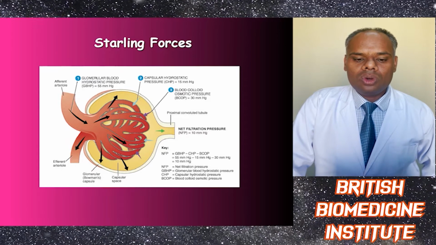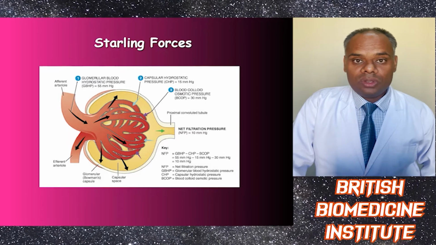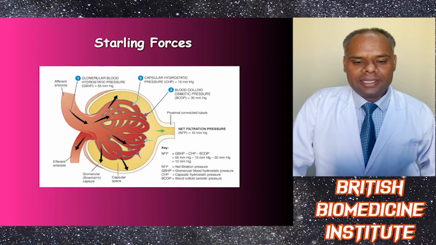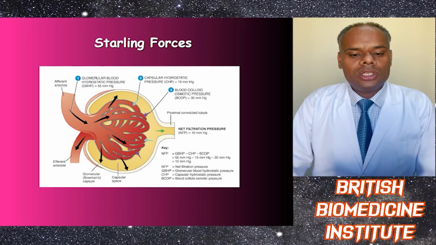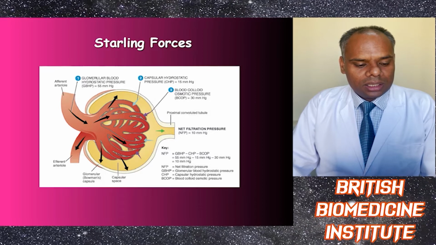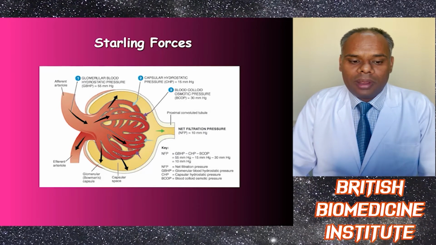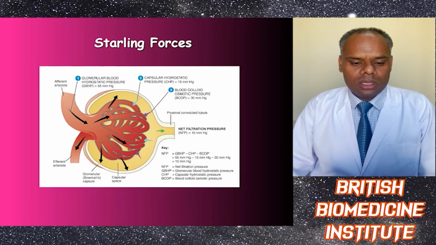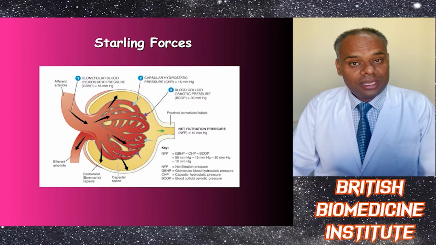Then there is BCOP, the blood colloid osmotic pressure, which is 30 mmHg, and then it goes out through the proximal convoluted tubule, PCT, whereas through the efferent arteriole there is the presence of Bowman's capsule and corpuscular capsule, and NFP is the net filtration pressure.